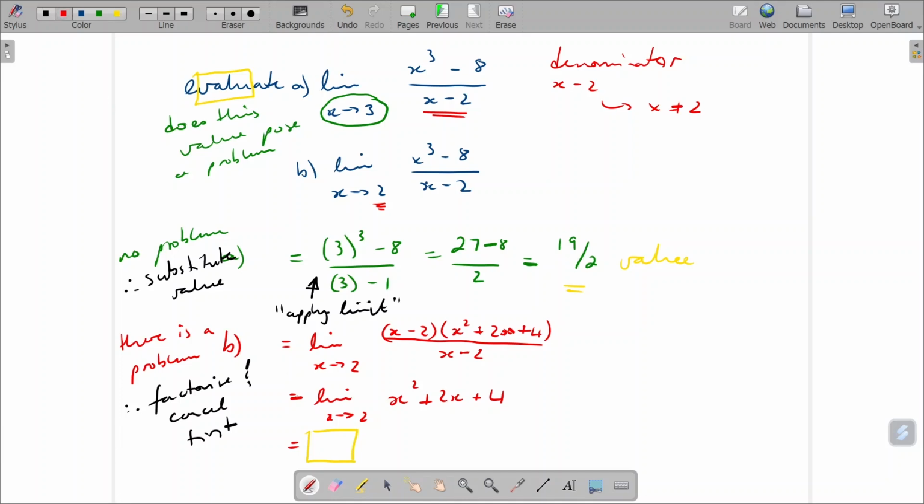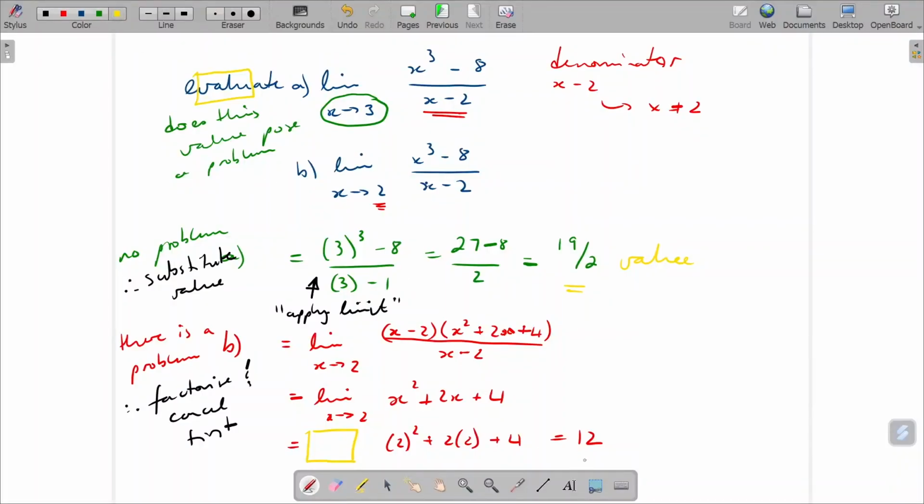So what I now have is 2 squared plus 2 times 2 plus 4, which in this case equals 12. And this is, again, the value of my limit, the value of this expression. And so what I have here is a value as my answer, and when I check my work, I see that yes, I have answered the question.